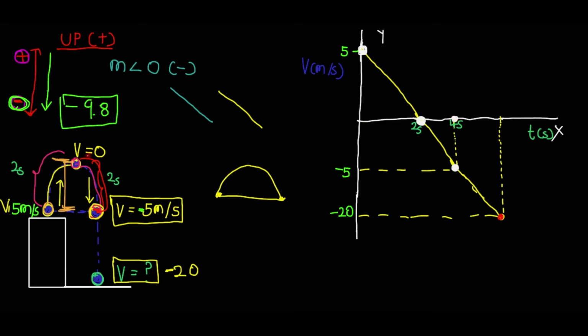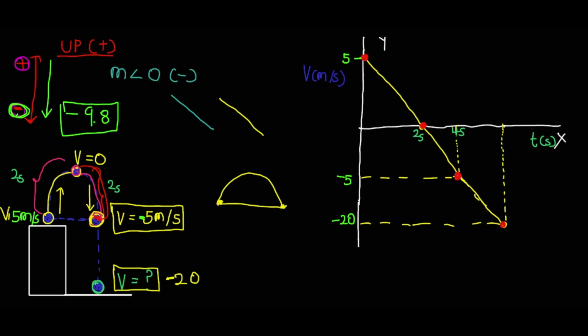So it took 2 seconds, so this one is that velocity. And then this last point is when it reaches the ground, so this is its velocity, and this is the time when it reaches the ground.